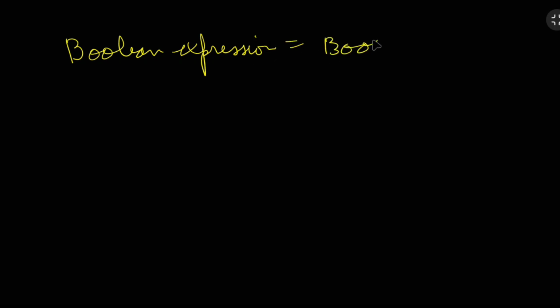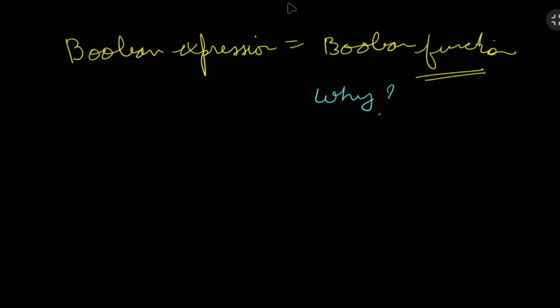So as we know, why we called Boolean as function? Like this is Boolean expression equals to Boolean function. Why do we call it function? Why do we use this word? Because you know what is a function, what a function needs.